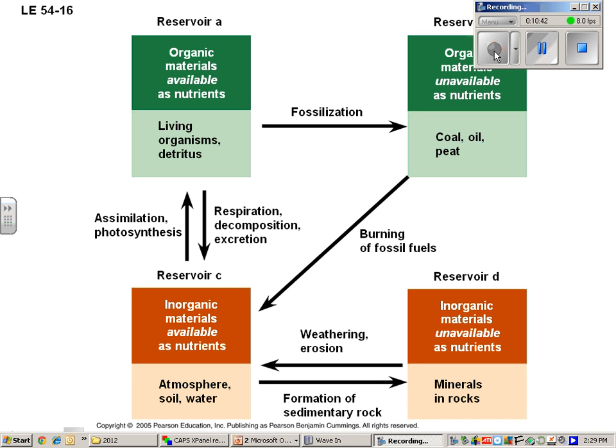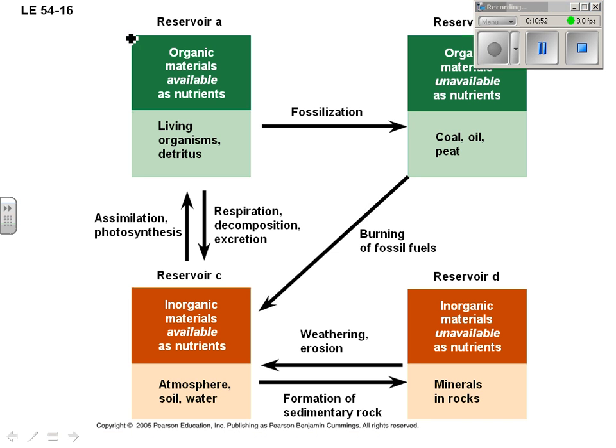So now, we've been talking about energy, let's talk about nutrients. Okay, if we look at reservoir A, this chart talks about all the organic materials available as nutrients in living organisms and dead organisms, essentially.